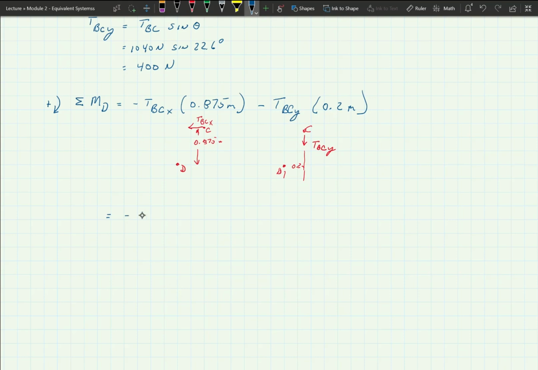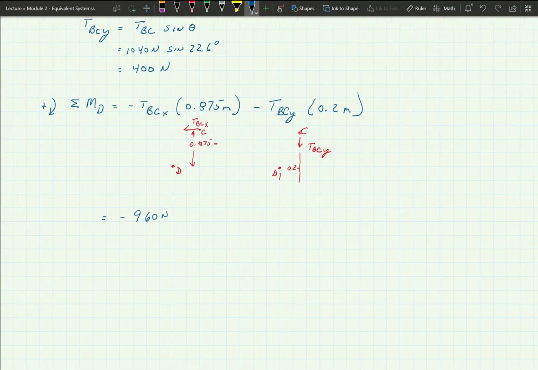So we have a negative, I already wrote the equation out, 960 newtons for TBCX times 0.875 meters minus the 400 newtons of TBCY times the 0.2 meter offset from D, and when we're done it turns out to be a negative 760 newton meters.